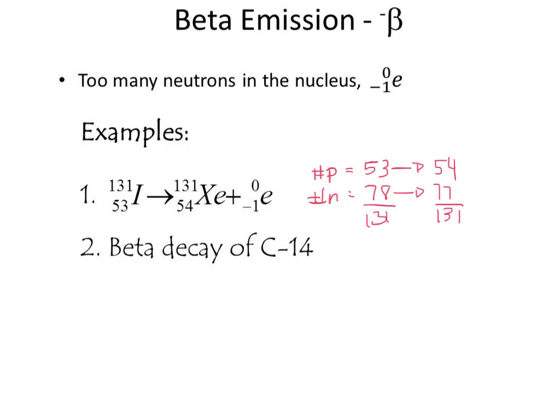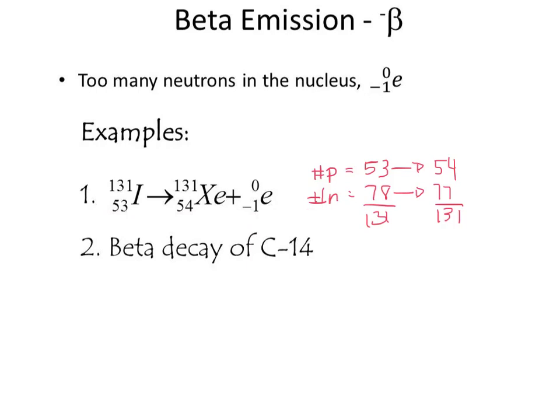And so since we have a new atomic number, we should have a new element. So atomic number is 54, that's xenon, but it has the same atomic mass, and you have to write also the beta particle in your chemical equation. Here's your reactant, and here are your products.